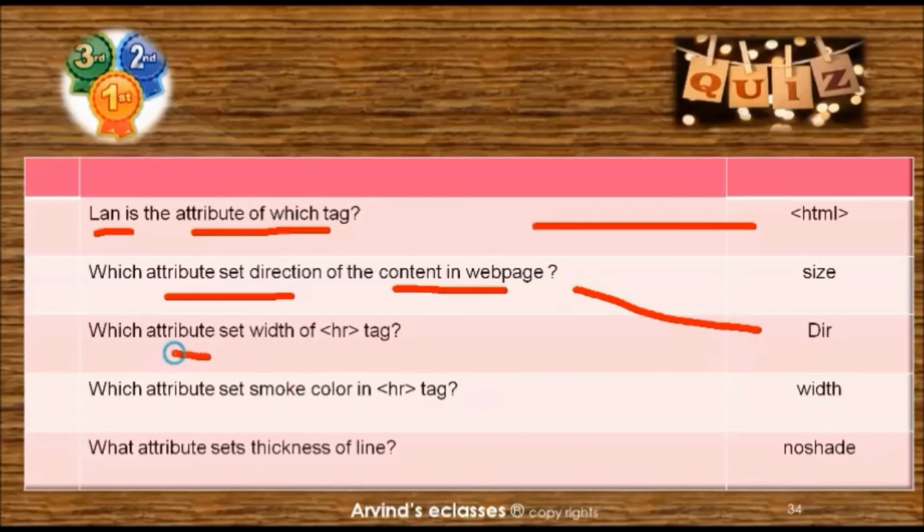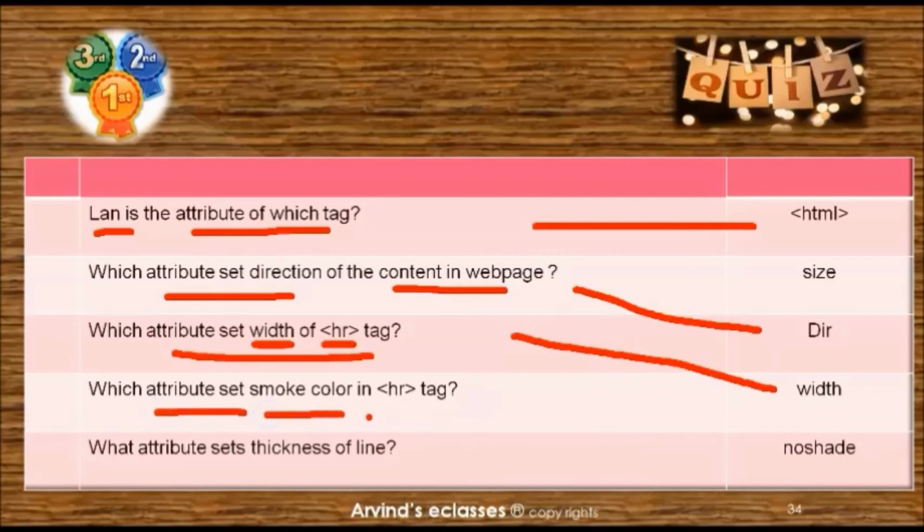Come to the third question. Which attribute sets the width of your horizontal line? Yes, you are right, it is the width attribute. Very good. Next question. Which attribute sets smoke color in a horizontal line?